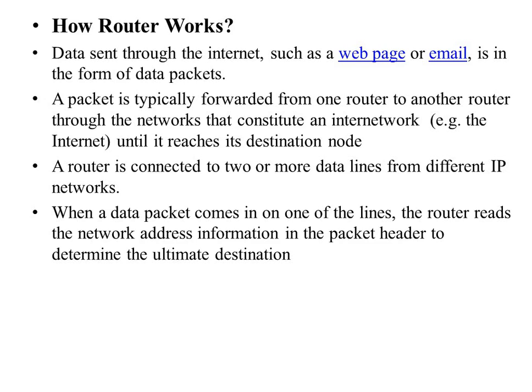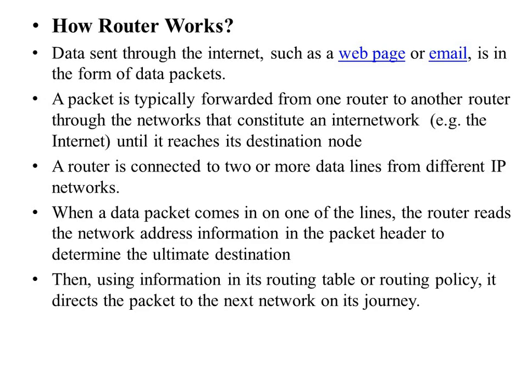This IP address is read when the packet arrives at a router, and accordingly it goes through the routing table. This information is used to find where the packet should go and what routing policy is adopted by that router. Depending on that, it is sent to the next network or next destination accordingly.